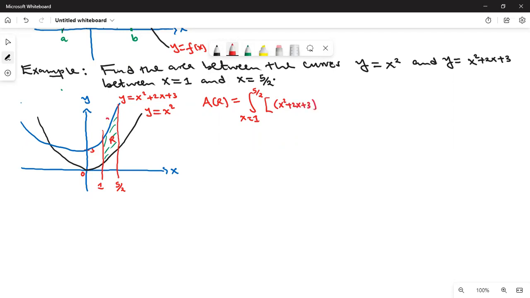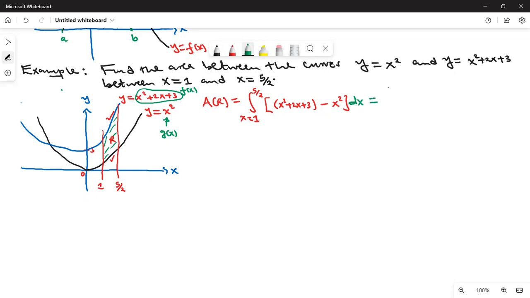You see it is above when you consider that region. Then minus the lower one, x squared. Or in short, the bigger one is f of x, the smaller one is g of x. So it is f of x minus g of x dx.